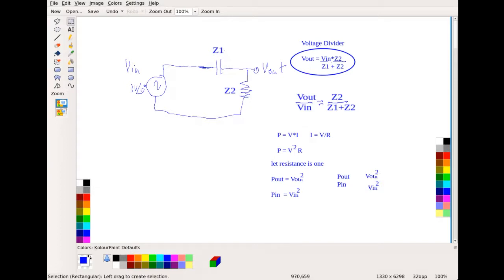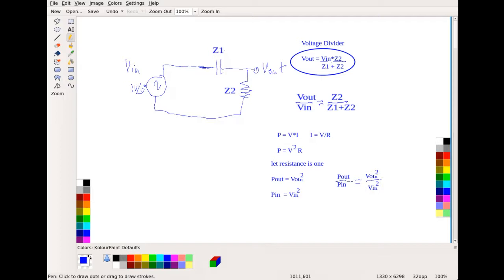Again, we're just assuming the resistance is 1. This is just giving us a reference point. The reason we're assuming this is that we're getting a reference of how the output compares to the input.